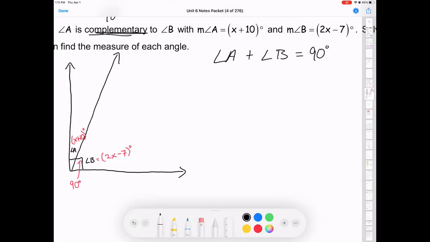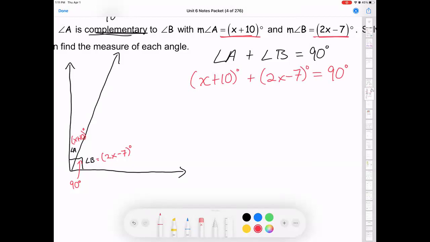Now I can plug in A and B. Angle A is x plus 10 degrees, angle B is 2x minus 7 degrees, and this sums to 90 degrees. Notice how we literally just dumped in the values that they told us.